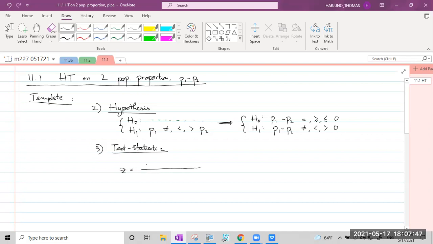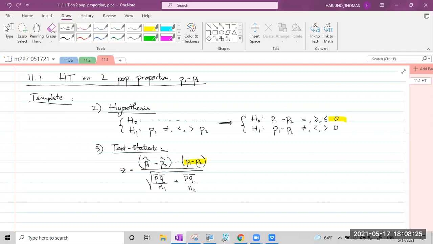Okay, and the test statistic is p1 hat minus p2 hat, minus (p1 minus p2), which will be 0, over square root of, now this one is nasty, p bar q bar over n1 plus p bar q bar over n2. That's the test statistic. Now the rest are the same.